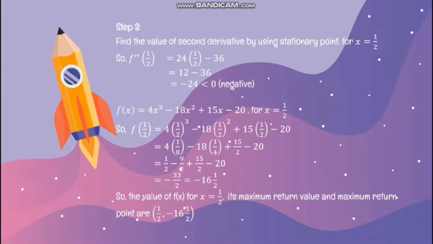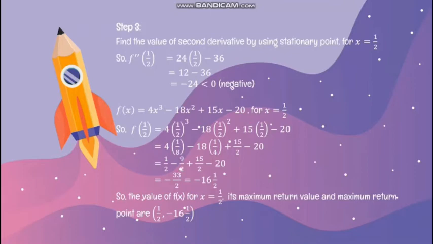So for x equal to a half equal to 4 multiplying a half cubed minus 18 multiplying a half squared plus 15 multiplying a half minus 20 equal to 4 multiplying 1 over 8 minus 18 multiplying 1 over 4 plus 15 over 2 minus 20 equal to a half minus 9 over 2 plus 15 over 2 minus 20 equal to minus 33 over 2 equal to minus 16 and a half.